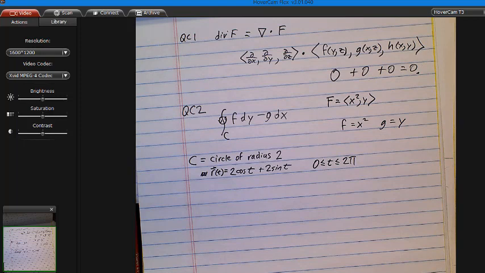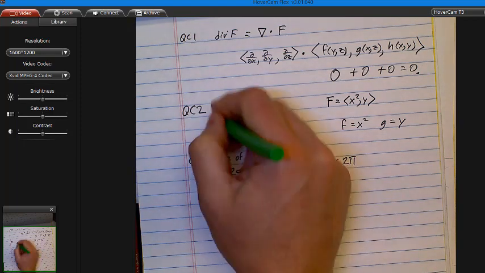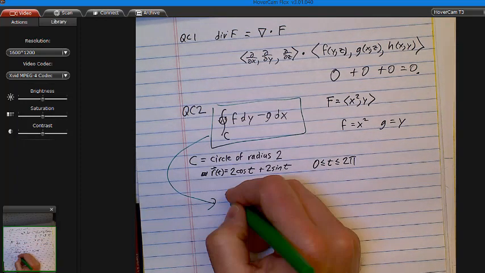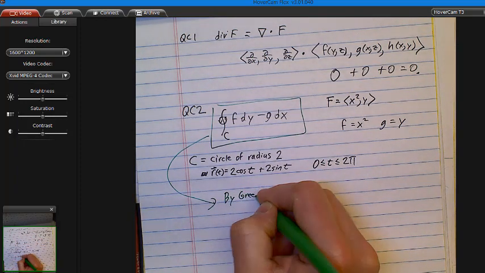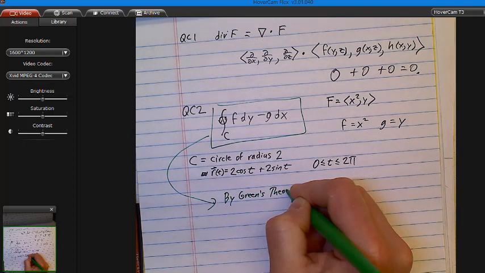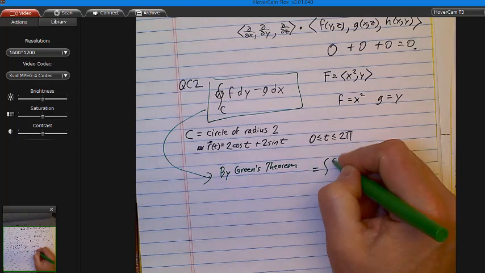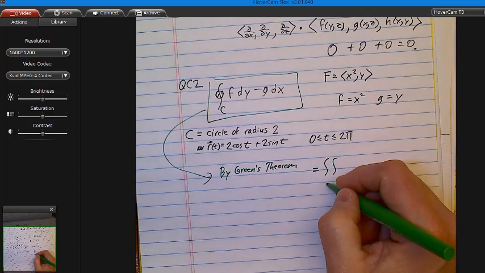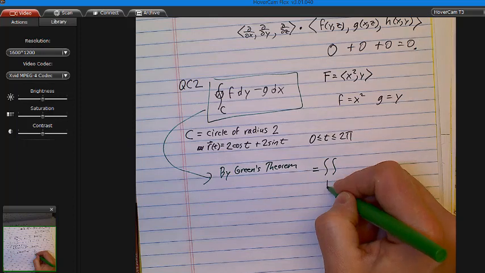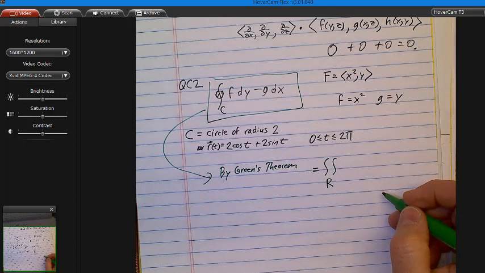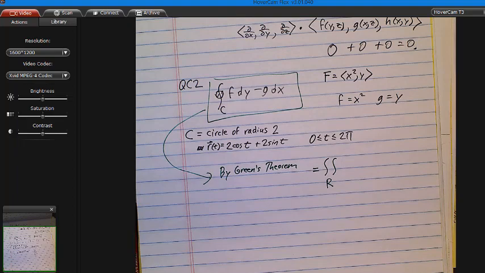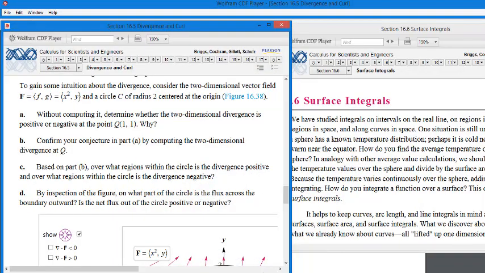But they say, hey, what about Green's theorem? All right, I'll try Green's theorem. So by Green's theorem, with the green marker, just for kicks, this equals the double integral over that region R of f dot n.